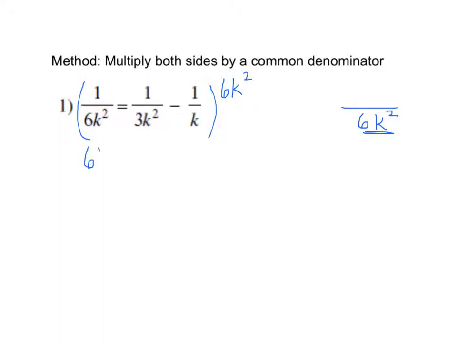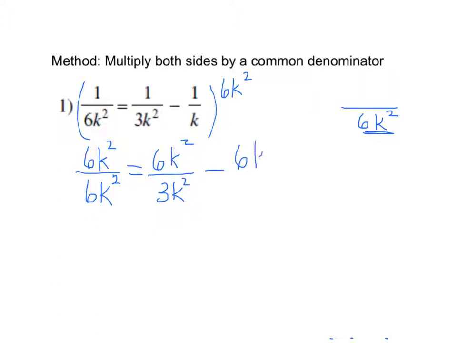So I'm going to multiply 6k squared all the way across, and I'm just going to write it out. So I have 1 times 6k squared is 6k squared over 6k squared, which you can probably see is going to be 1. Then I have 6k squared over 3k squared for this one, and then 6k squared over k.